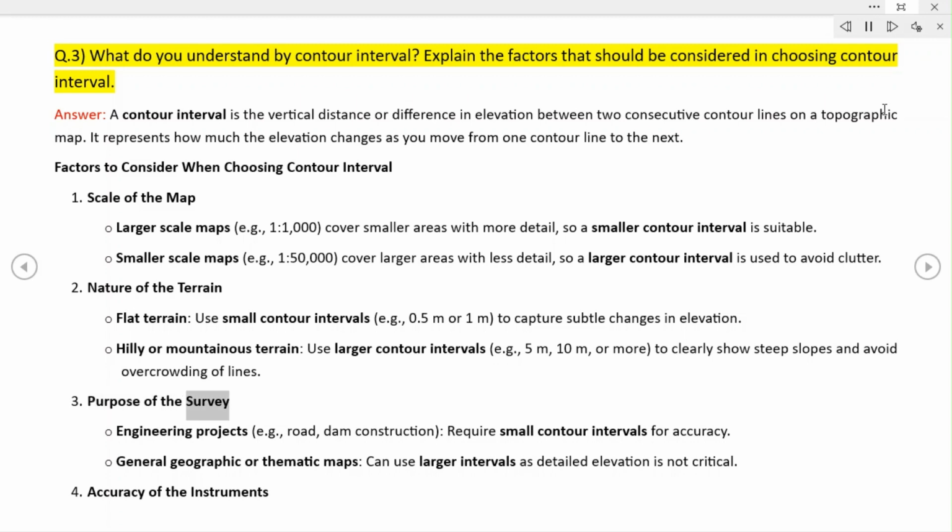Purpose of the survey. Engineering projects, example road, dam construction, require small contour intervals for accuracy. General geographic or thematic maps can use larger intervals as detailed elevation is not critical. Accuracy of the instruments.